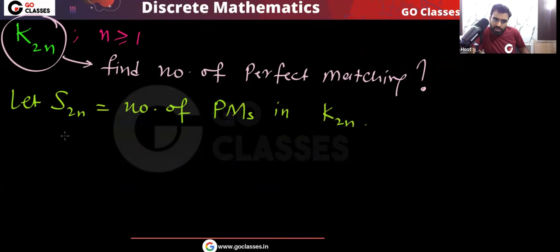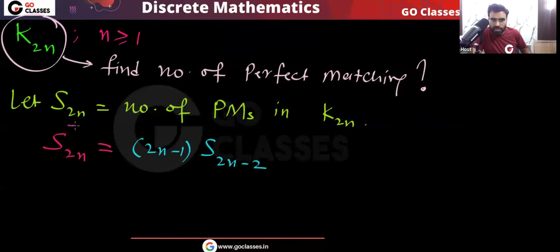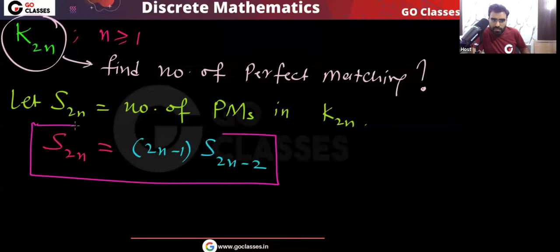Then we have found that S2n equals (2n minus 1) multiplied by S(2n minus 2), where 2n is greater than or equal to 4.